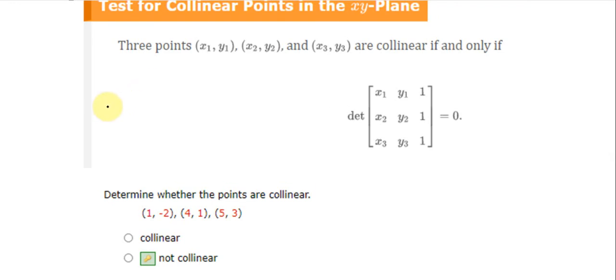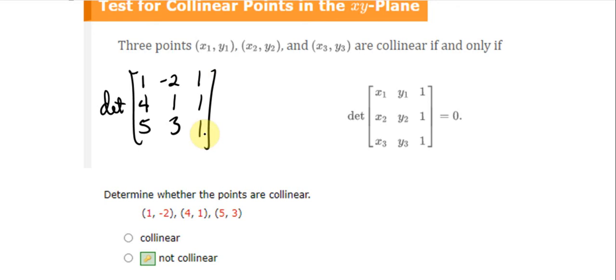Here we have this determinant. We got the x values in that first column, 1, 4, and 5. Then the y values in the next column, -2, 1, and 3, and then we have 1, 1, 1.